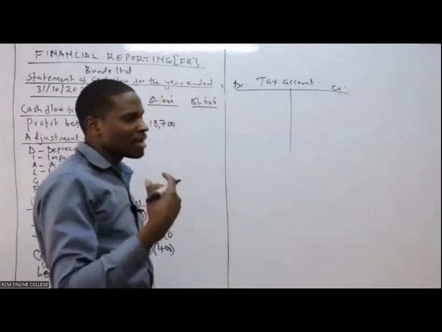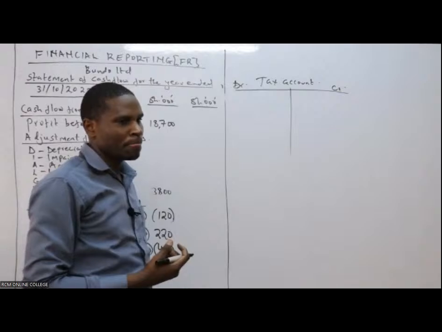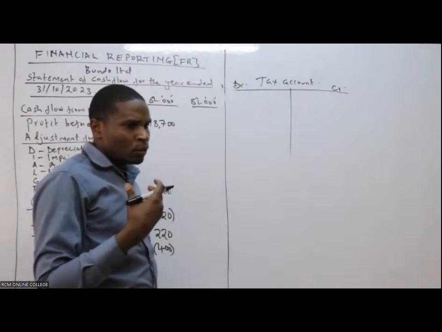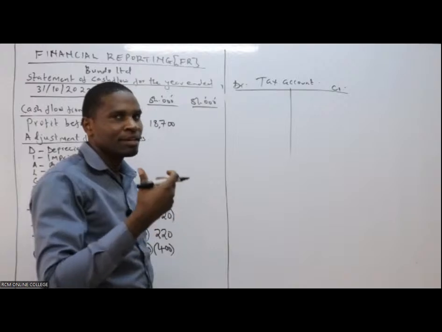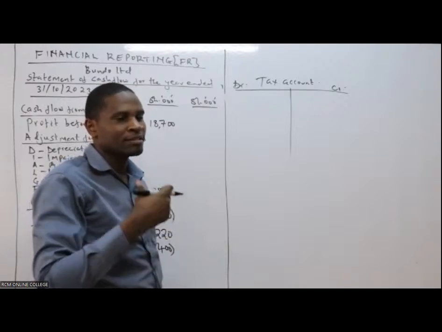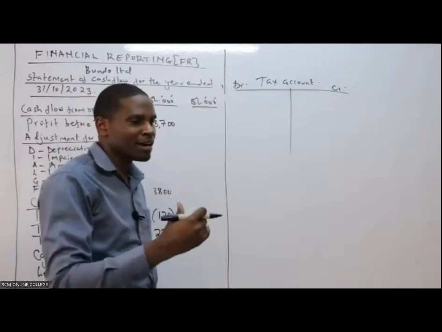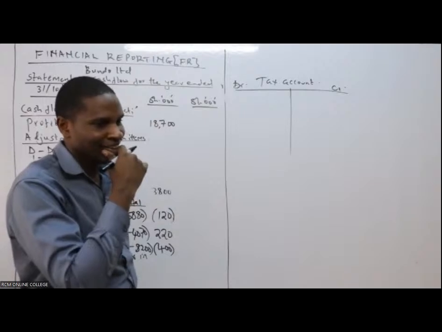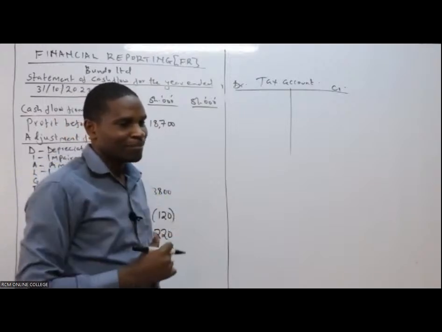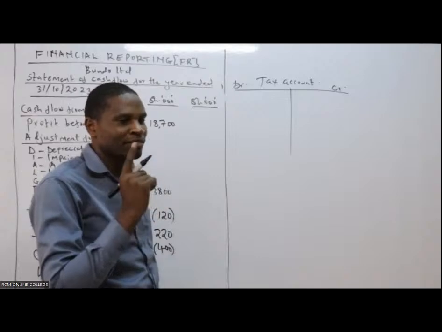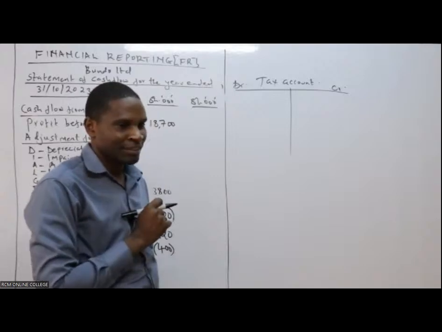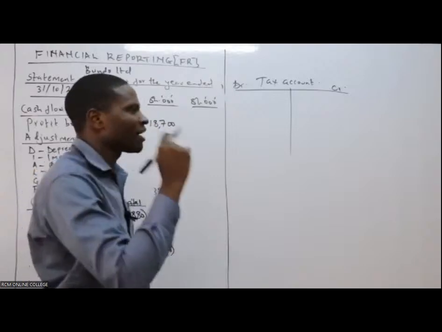This thing we have sung for very many times. Which balance does tax have? Does tax have a debit balance or a credit balance? My fellow accountants, it has a credit balance.